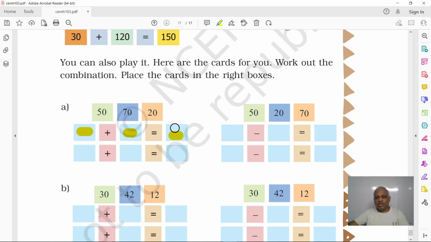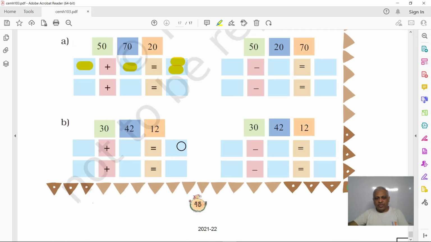That should be on the right side as the answer. And here 50 plus 20. Here 50, here 20. So they both make 70. Like this, and two other blocks. I'll try to fill in the other blocks as well.